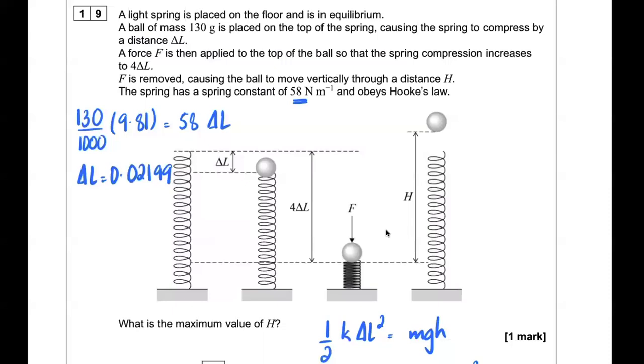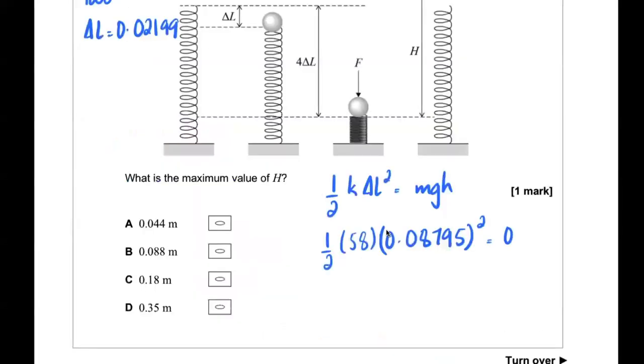So m is 130 grams, so 0.13 times 9.81 times h. So half into 58 into this answer squared. Answer divided by 0.13 times 9.81. So that turns out to be 0.175, which is C, 0.18 meters.